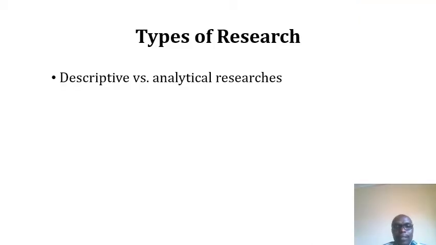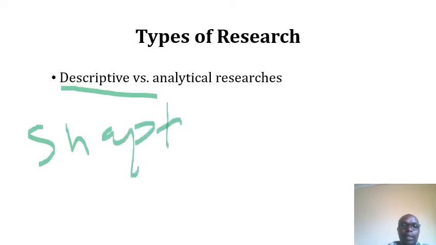Okay, lastly, we have types of research. We have descriptive and analytical as types of research. As the name suggests, descriptive will give you a snapshot of the situation of things the way they are.